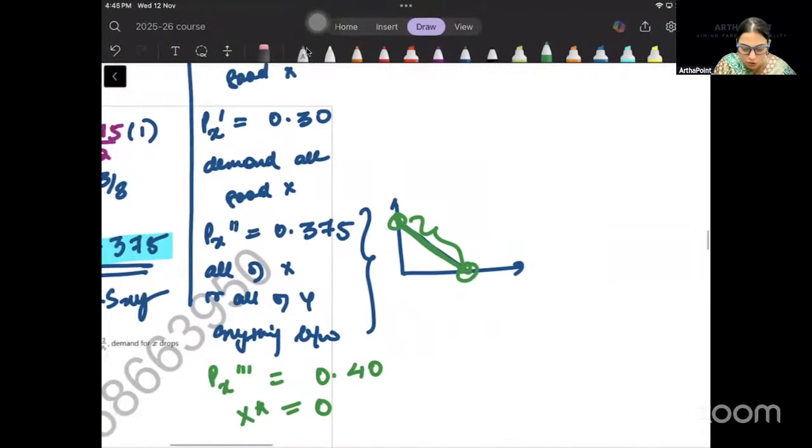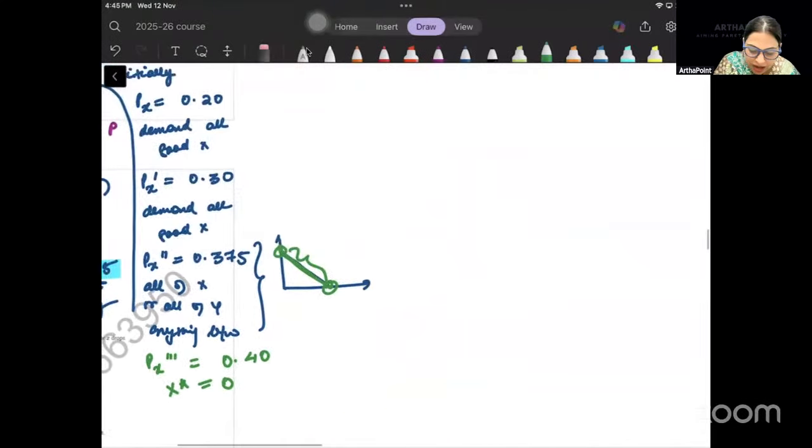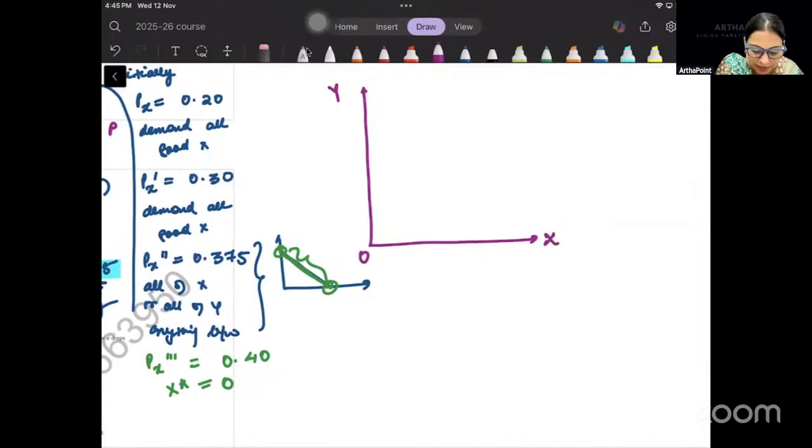So if I were to show this in the demand curve, how can I go ahead and show this in the demand curve? So I will take a cutoff price of 0.375. Any price below 0.375, I am demanding all of good x.